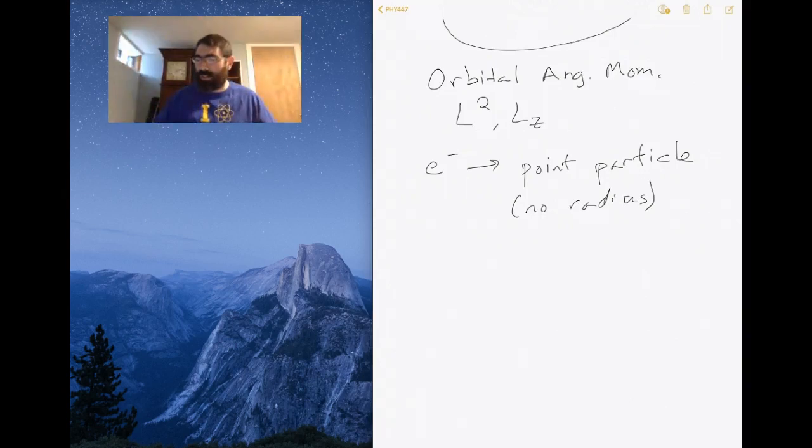It's a point, there's no rotation. It's only when you extend out some distance r away that you can get some sort of rotation around it. So since the electron has no size to it that we know of, or at least at the level of 10 to the minus 18 that we've been able to measure, we still consider it to be a point particle.